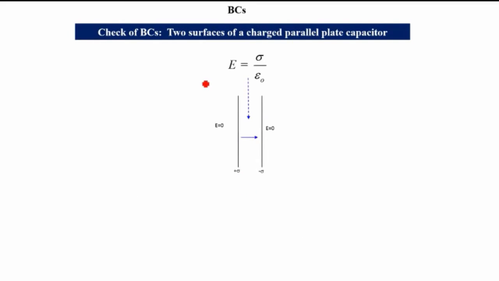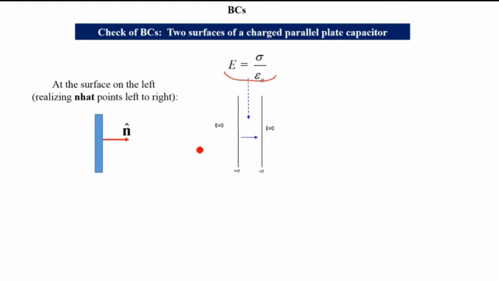Well, let's look at a charged parallel plate capacitor. Let's say that we have plus sigma here, minus sigma here. We know the E field, it's equal to this quantity here. So the question is, if we go across these interfaces, let's take this interface, we have the n hat vector here that points from left to right, for this surface right here.